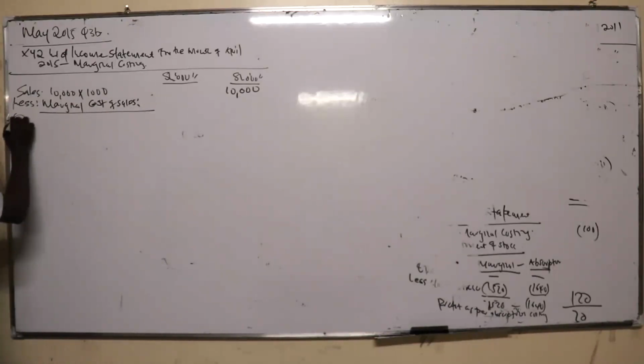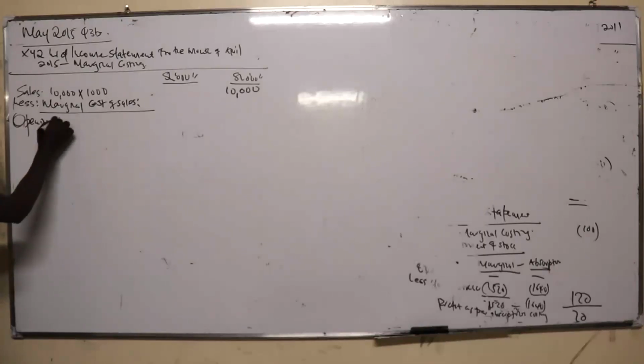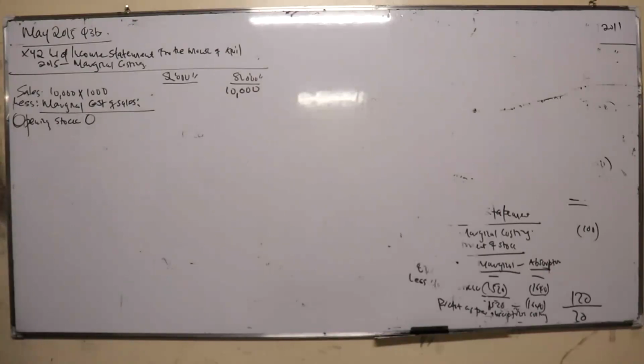So we have the opening stock. In this discussion, we had no opening stock. But supposing it was there, you value it based on the marginal production cost per unit. The marginal production cost per unit was direct materials 360, direct labor 80, and variable production overheads 60.